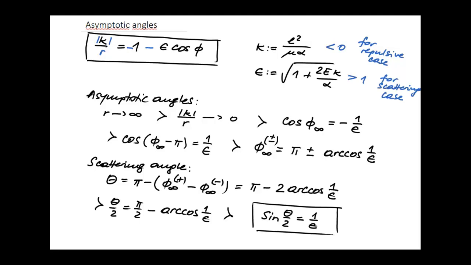So what we have yet to do is to express the epsilon in terms of impact parameter, and if we can do that, then we have theta as a function of impact parameter, and then we can calculate the differential cross-section. Well, doing that leads then to the Rutherford formula.